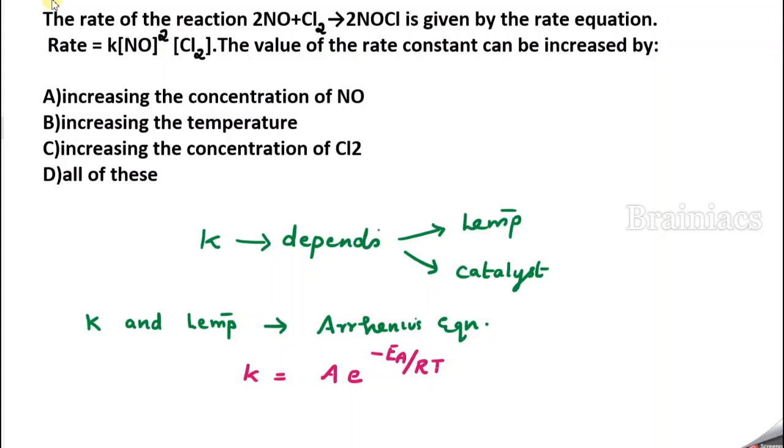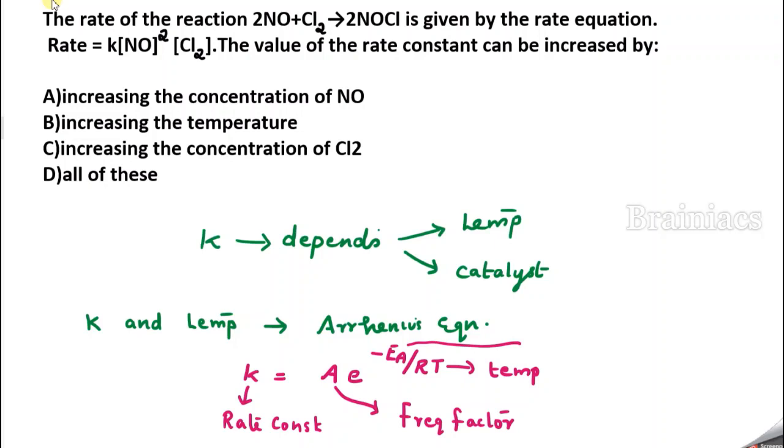Here K is the rate constant, and A is called the Arrhenius factor or frequency factor. T, as you know, is the temperature, R is the gas constant, and Ea is the activation energy. We will learn the Arrhenius equation as a separate topic.